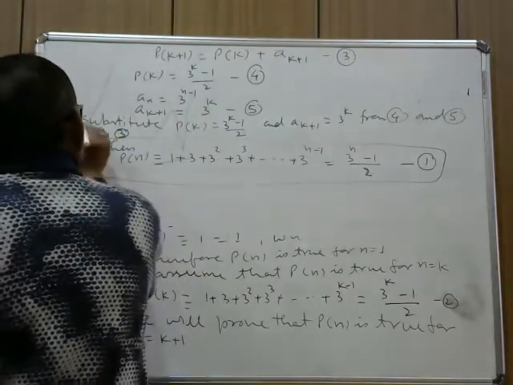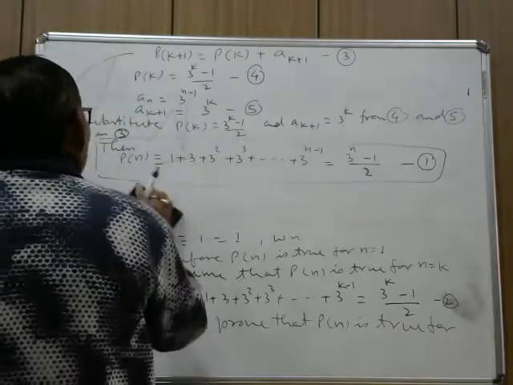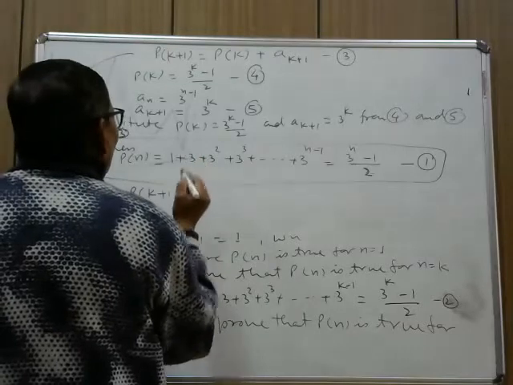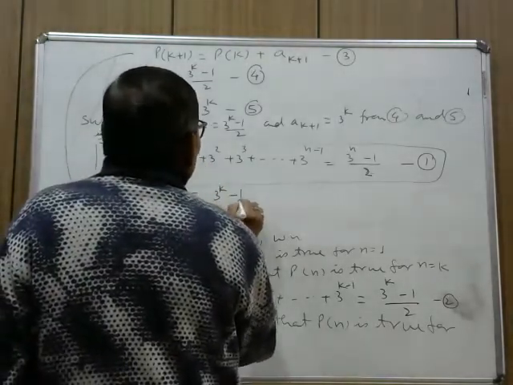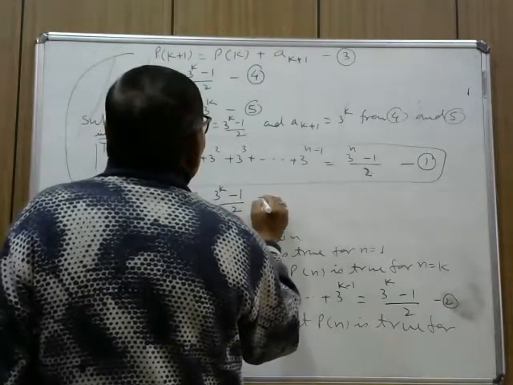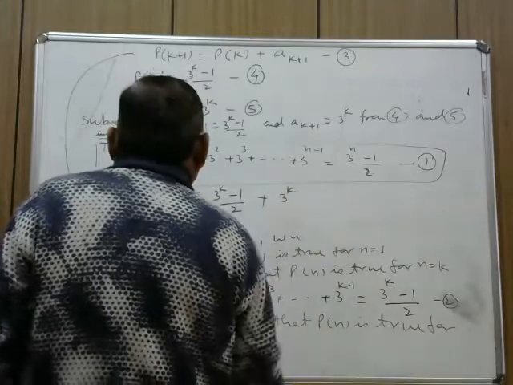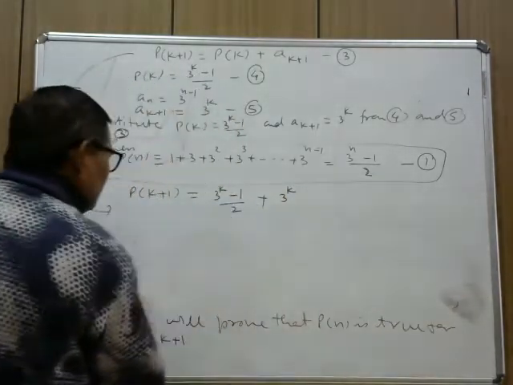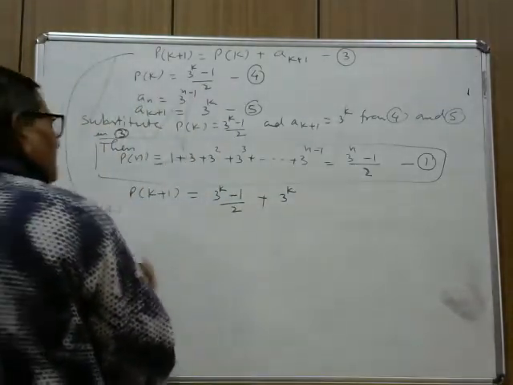So we can write Pk plus 1 equal to, your Pk is 3 to the power k minus 1 by 2 plus a k plus 1 is 3 to the power k. So you simplify this very carefully because this is very important and we can make a mistake while solving this step.